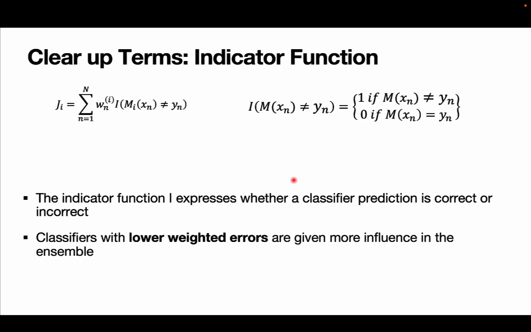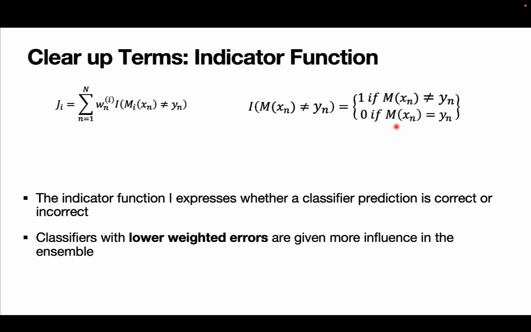But before doing that, let's take a moment and clear up what an indicator function is, especially if you haven't seen one before. The indicator function is used to express whether a classifier prediction is correct or incorrect. In other words, the purpose of this function is to help us sum up these errors.